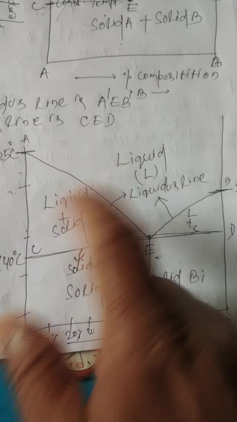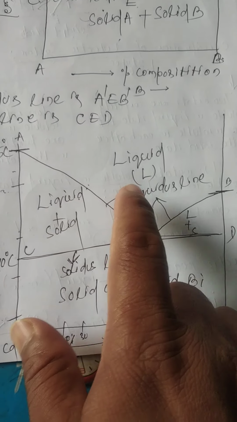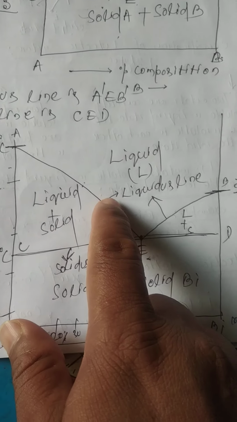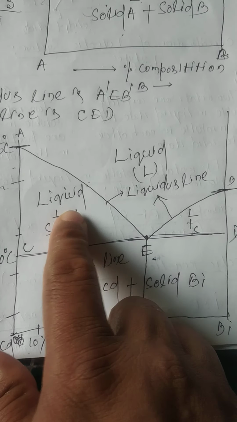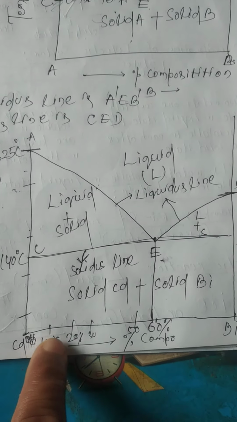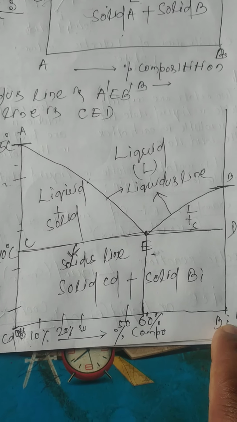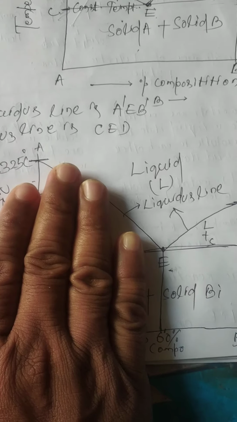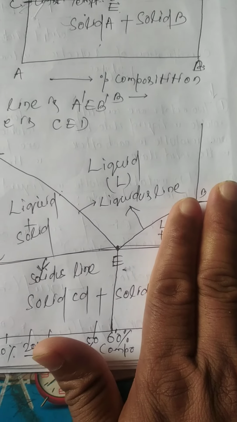That means these two components are completely soluble in the liquid state. Then when solidification starts, just below the liquidus line there will be the liquid plus solid portion. We have mentioned the percentage of bismuth is gradually increasing from left to right. So the left portion will be maximum cadmium and this portion will be maximum bismuth.